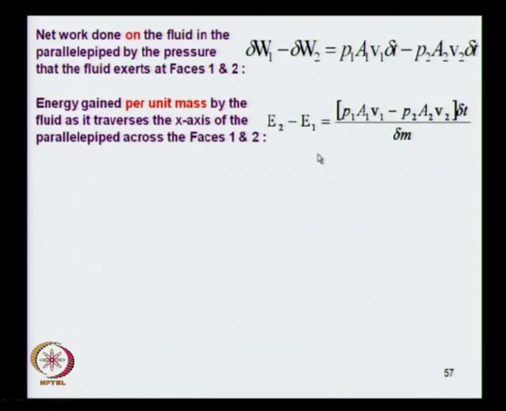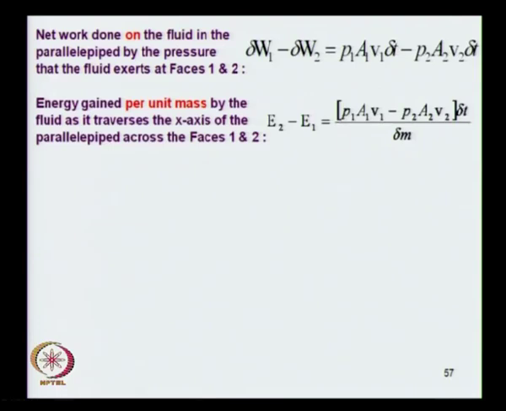We will now consider that a certain amount of work done on the fluid is what we have determined. Where is this work going to go? It will go as the energy gained per unit mass by the fluid as it traverses that, right. Energy can neither be destroyed nor created. So now that some amount of work has been done on the fluid, it has to manifest through conservation of energy as something.